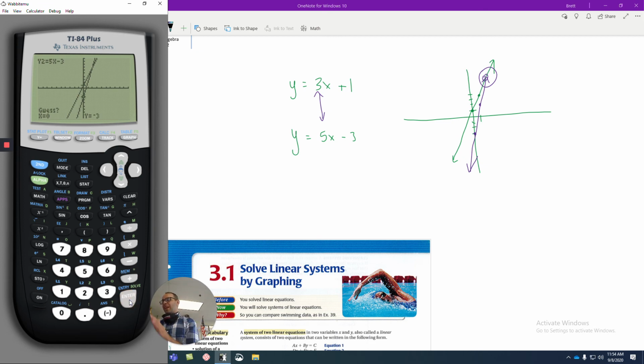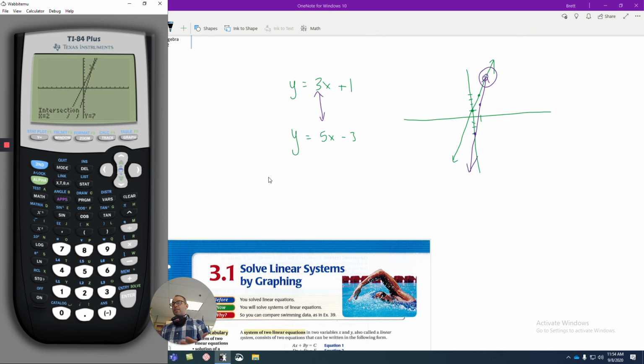Sure, I press enter. As long as you only have two, it's just enter, enter, and then it asks, do you want me to take a guess? The truth is the calculator is not guaranteeing you an answer. There are going to be variations and issues that will come up, but this works on 2 lines. It works so well that you shouldn't have to worry about it. When we press enter, intersection is 2, 7.